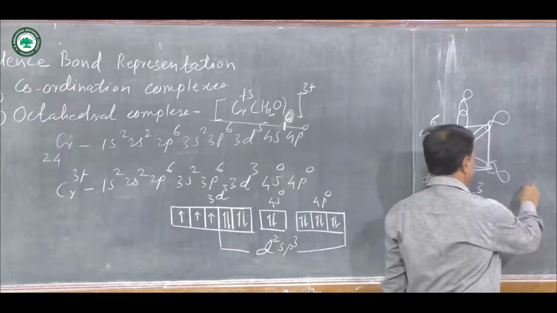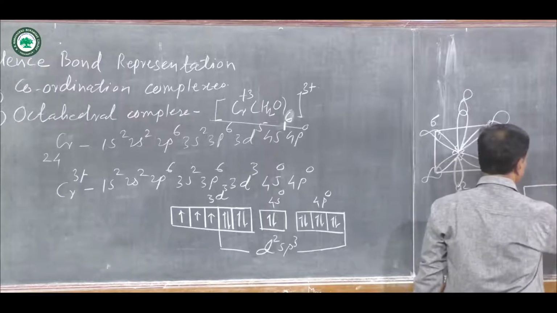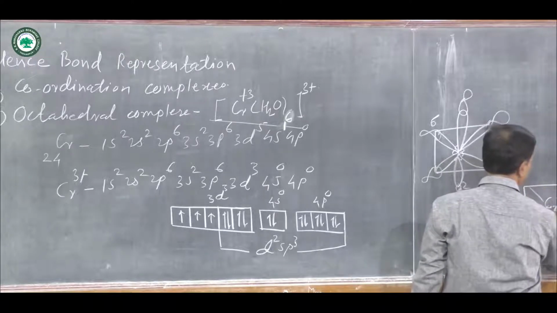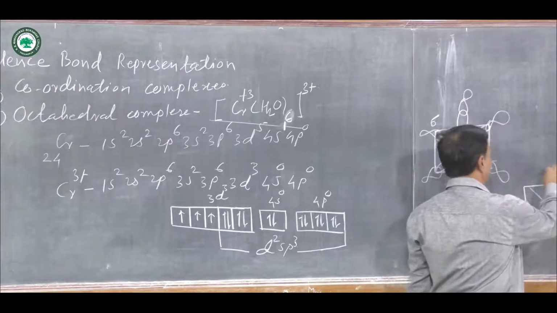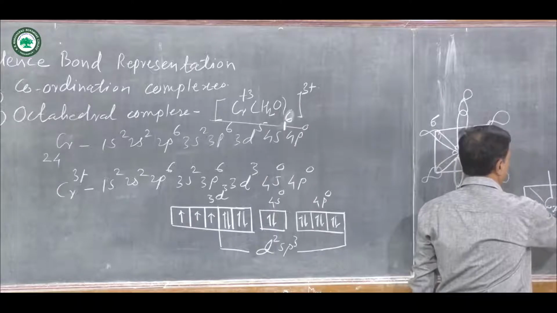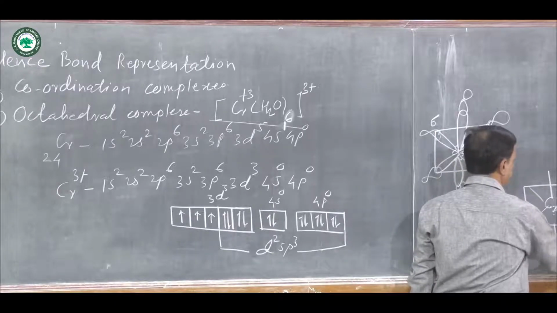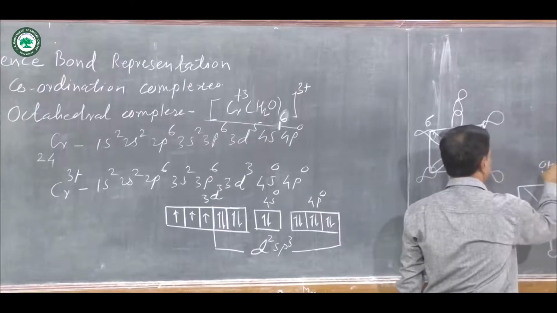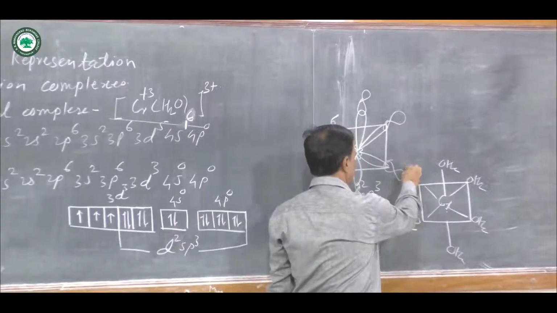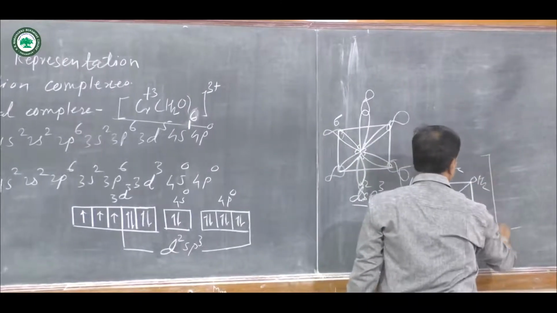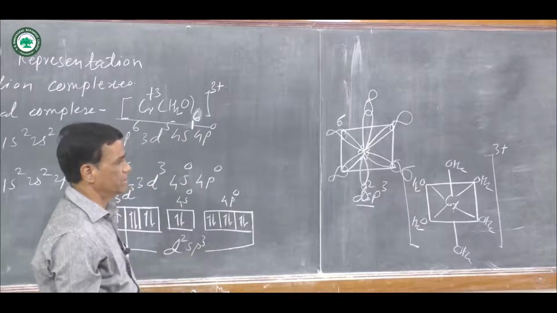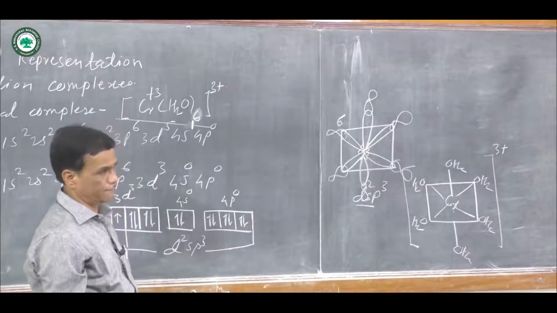At the center position there is chromium, then one water molecule here, a second here, OH2 in each of the six positions. The charge on this complex is 3+. This is the octahedral structure.